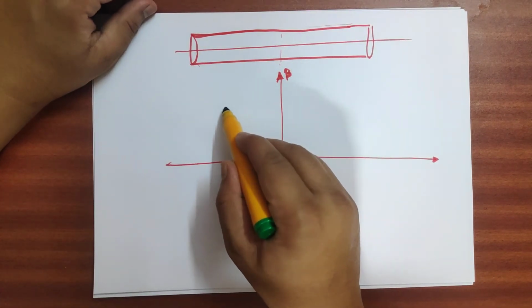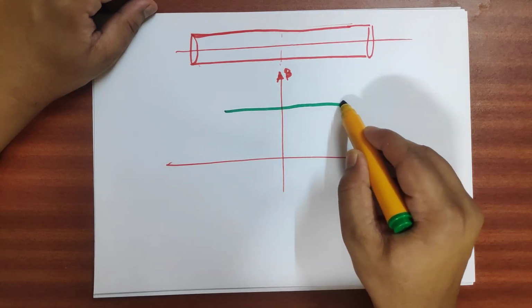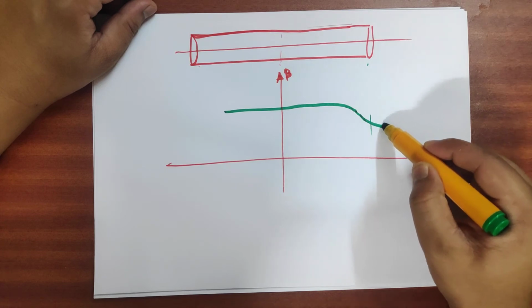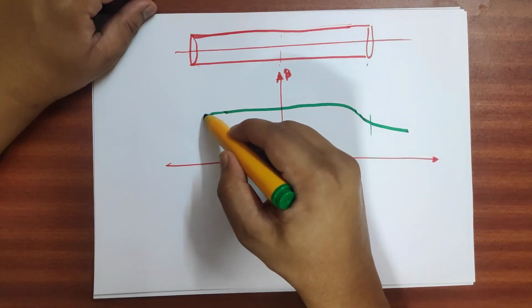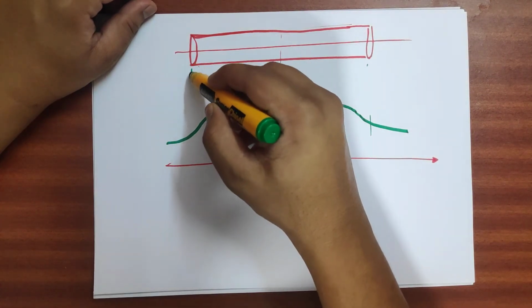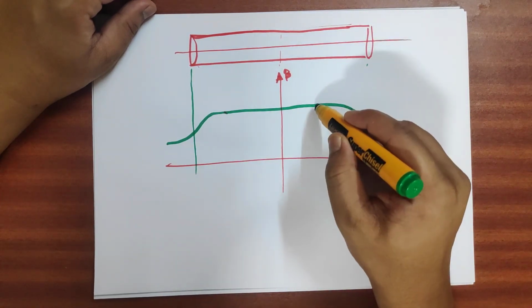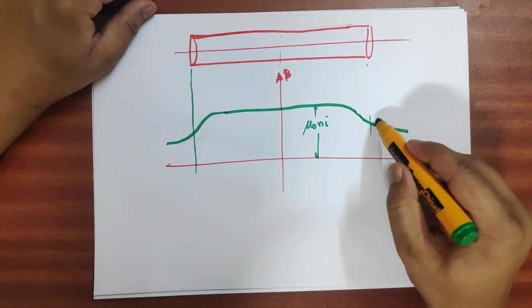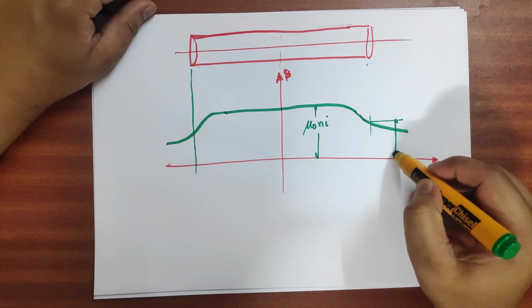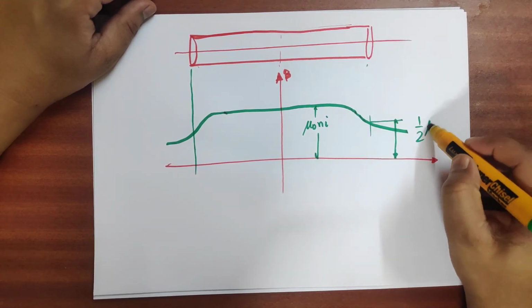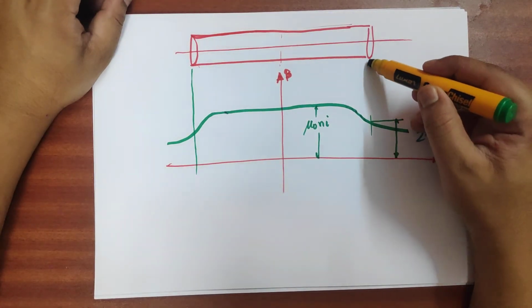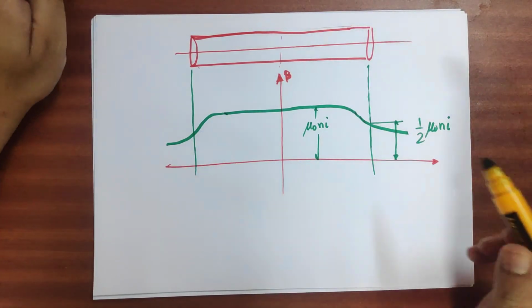So it's approximately mu 0 ni for a long solenoid, remember. And at the end it decreases to half of it. So the graph will be like this. This is mu 0 ni, and at the ends it is half of mu 0 ni.